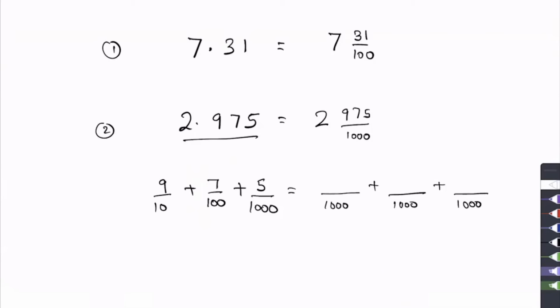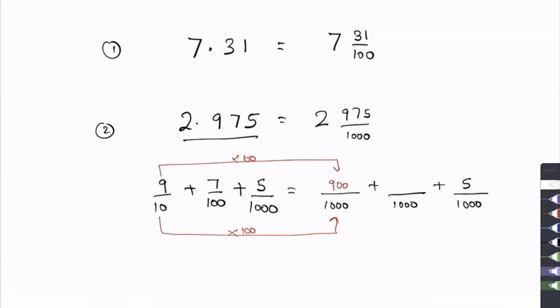Well, the last one is already written for us, 5/1000. Let's look at 9/10. To go from 10 to 1,000, I need to multiply by 100. So I do the same thing with the 9 times by 100, and I get 900.